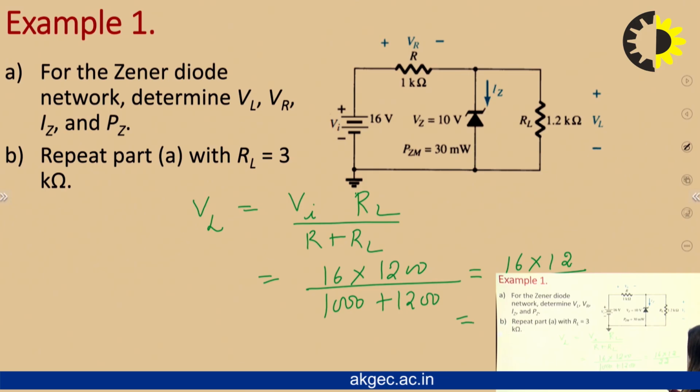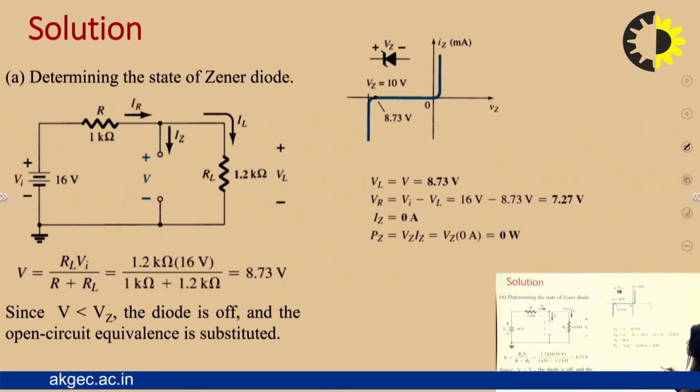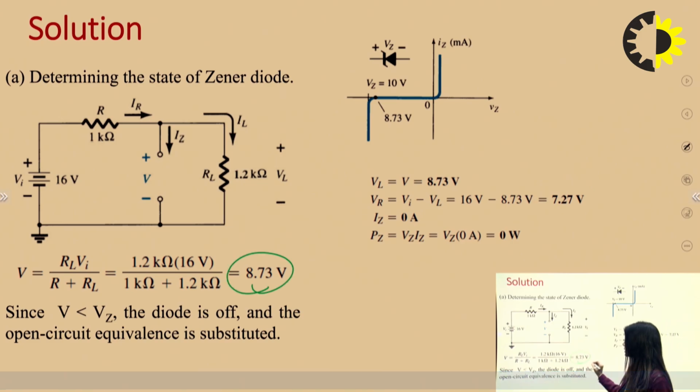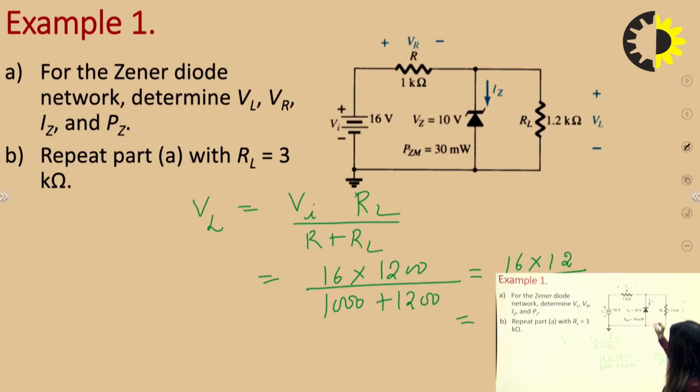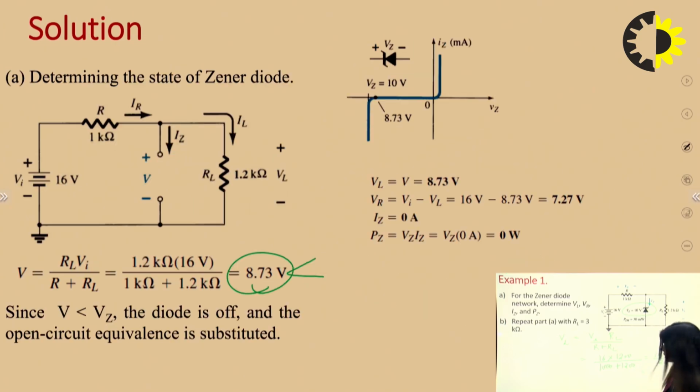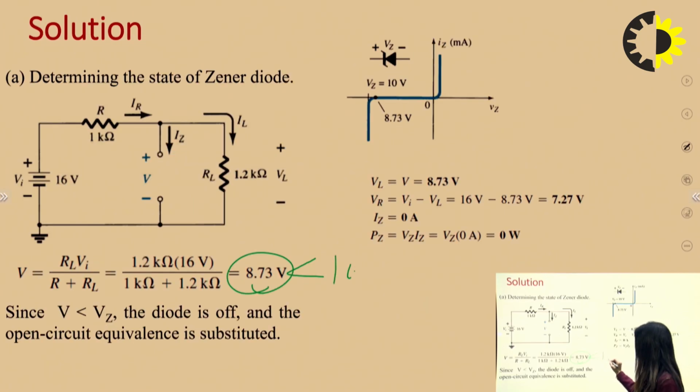If I solve this, I can multiply and solve it. This value will come out to be 8.73. This 8.73 is less than 10 volts, VZ.